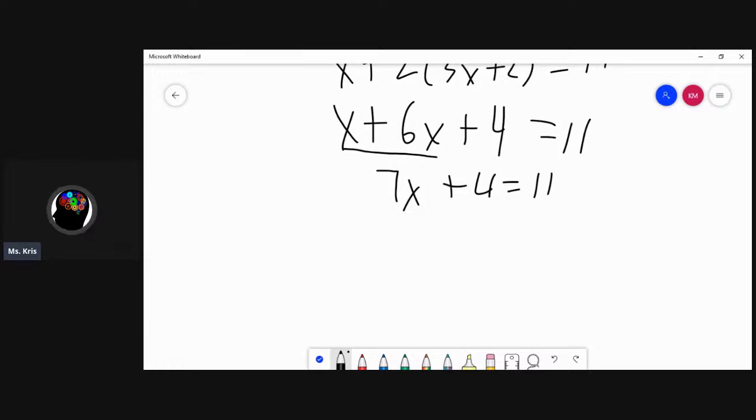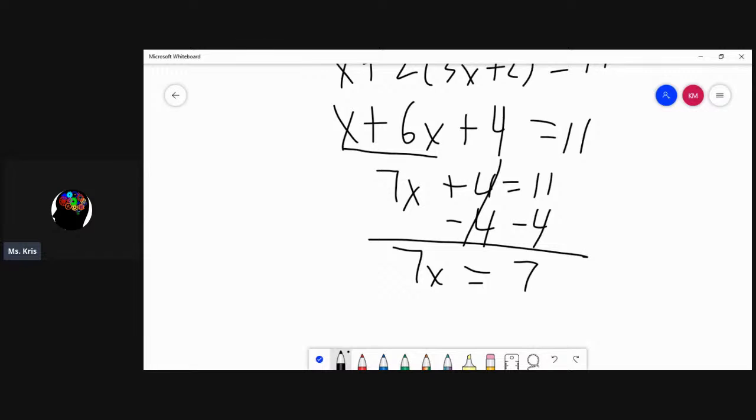Now I'm going to solve for x. First thing I will do, subtract 4 on both sides. Bring down my 7x. Cross out my plus 4 minus 4, which gives me my equal sign. And 11 minus 4 is 7. So then divide by 7. And x, once I cross out my 7s, equals 7 divided by 7, which is 1.